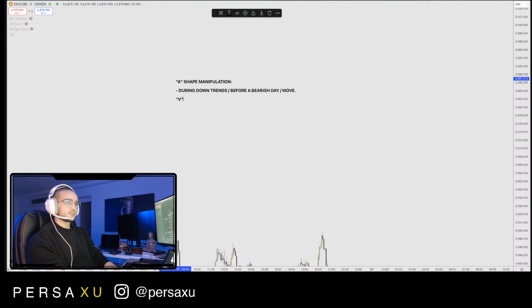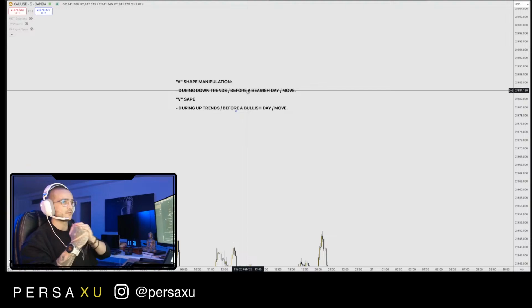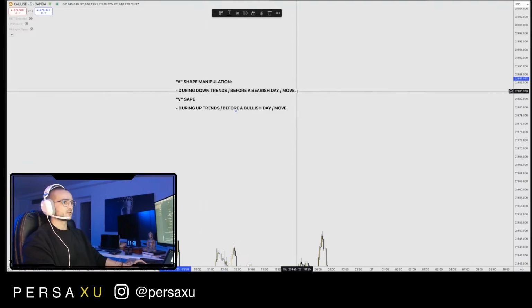And then the V shape, obviously, I'm going to look for it during uptrends or before a bullish day or move. Notice I'm saying move. It doesn't mean it's going to occur throughout the whole day. It can happen, but you will see that it's not always the whole day, depending on the time frame.